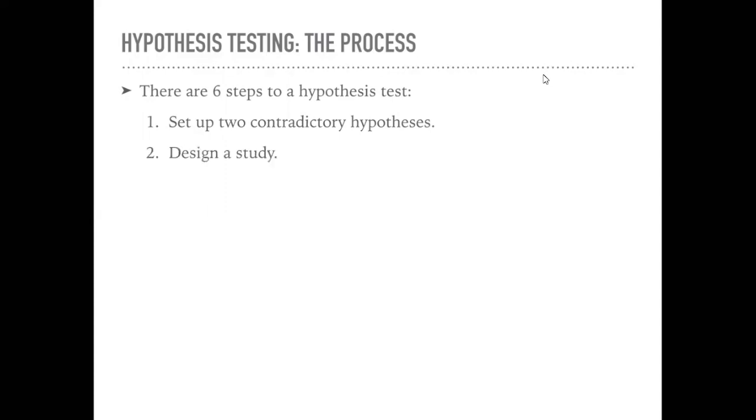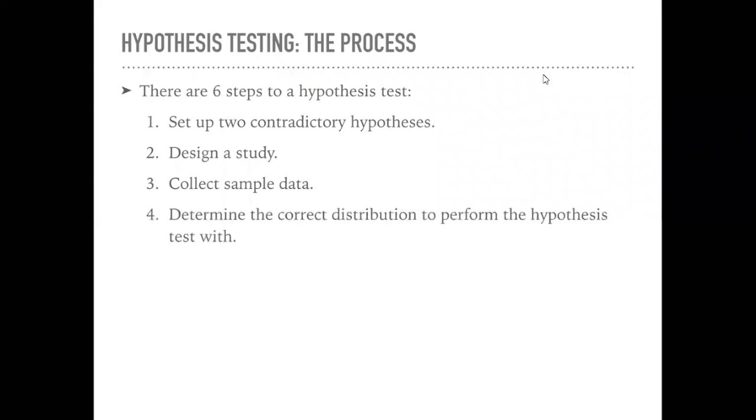And then you're going to design a study to be able to gather data to actually test it. So you're designing your study, whether it's an experiment or just observations, you're designing that. You're figuring out how you're going to collect your data, all of that stuff, going back to your first few chapters of this class. Now, step number 3, you're actually collecting your data. So you're going through and you're following that process that you set up when you designed your study.